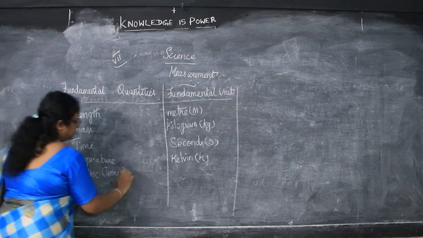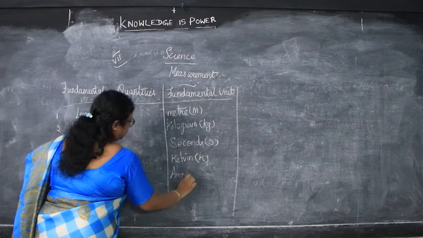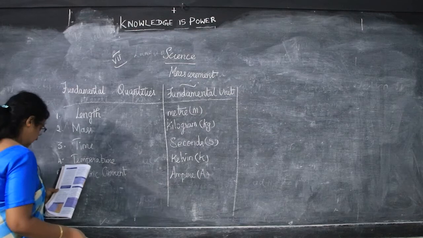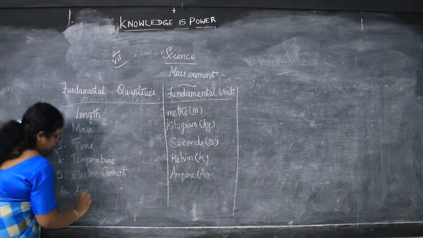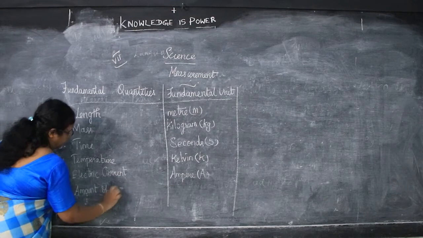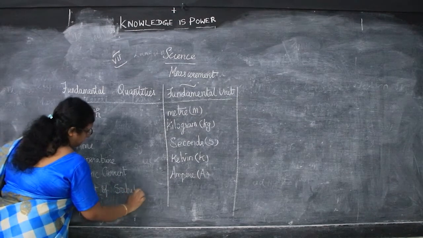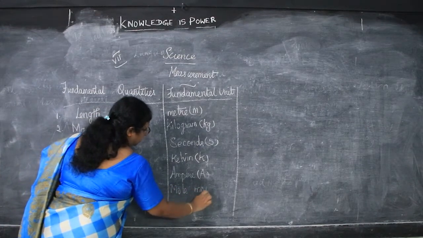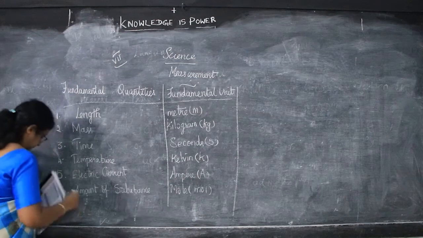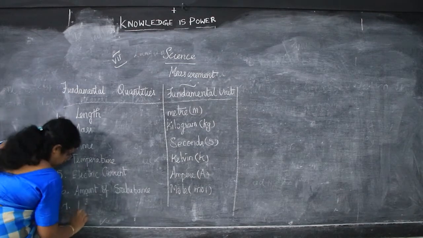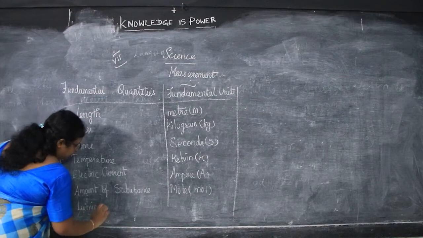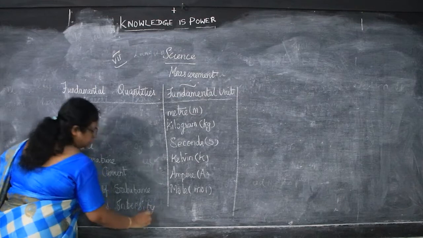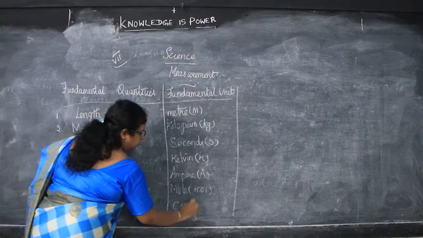Electric current, ampere. Amount of substance, mole. And luminous intensity. And the unit for this is candela.